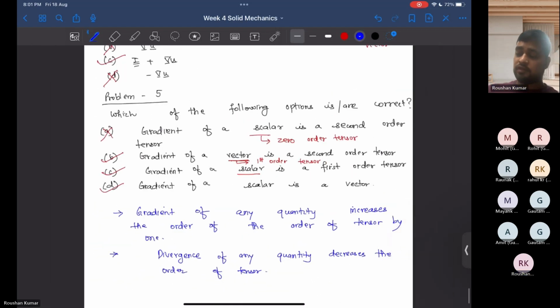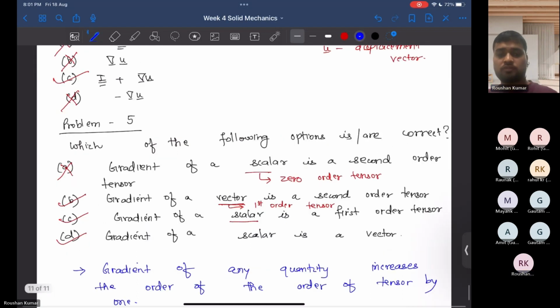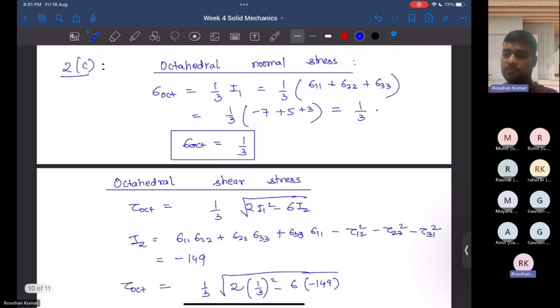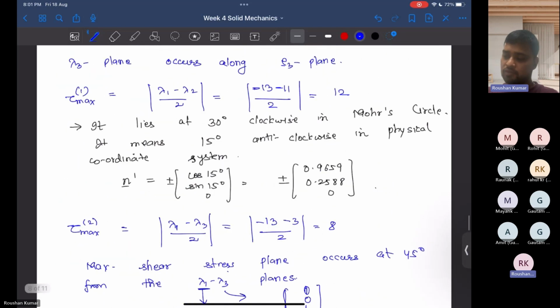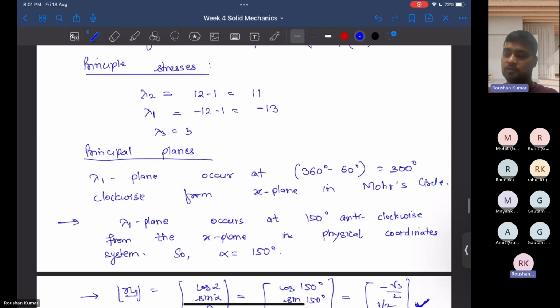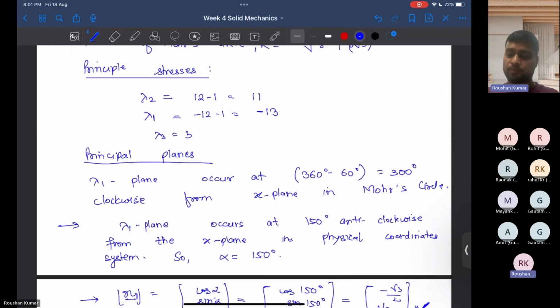Okay, so this is all about session number 4, in which I have covered lecture number 9, lecture number 10 and lecture number 11, which are based on the Mohr circle and the concept of some basic strain. In this session I have solved 5 problems, in which the first 2 were based on the Mohr circle, one of the most important concepts to find the principal stress and principal plane.